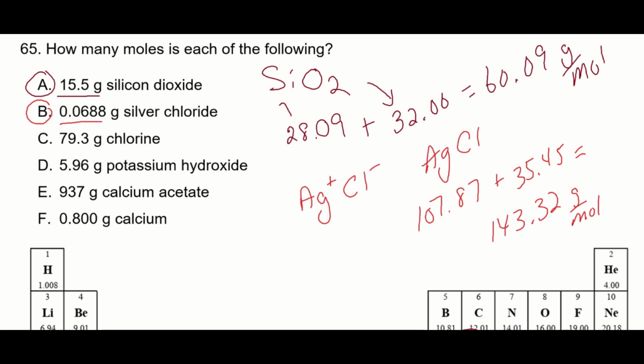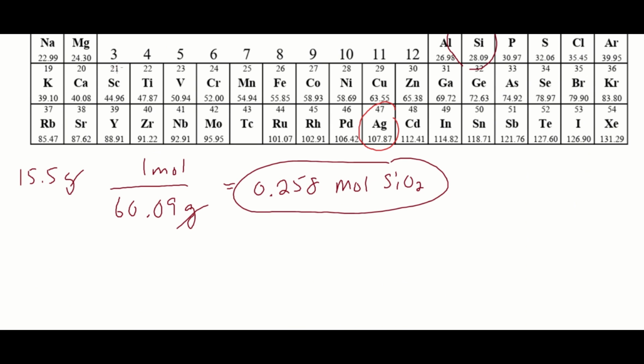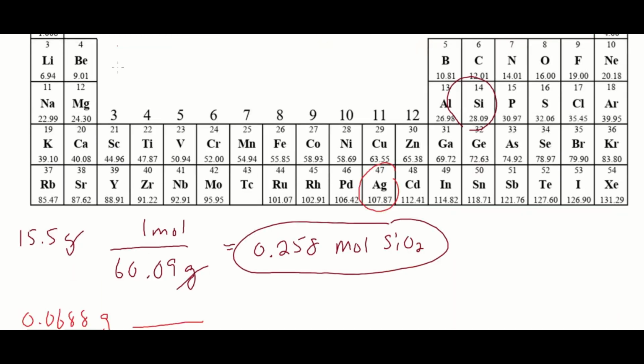All right, let's convert 0.0688 grams of silver chloride. Let's see what that molar mass was, 143.32.